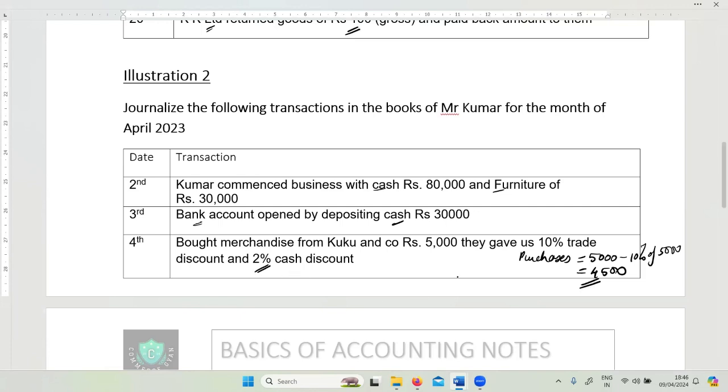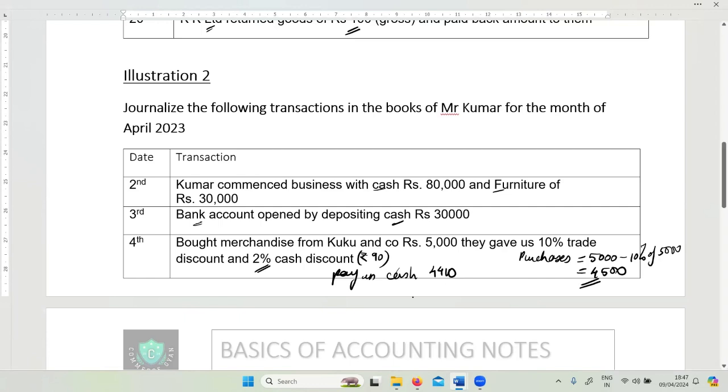So 2% cash discount we will compute on 4,500, which comes to rupees 90. Right? So 90 rupees is the discount. Remainder amount, how much we pay in cash? How do we calculate how much we pay in cash? 4,500 minus the amount of 90 rupees, which is the discount amount. So 4,410, you're going to make the payment in cash, right?